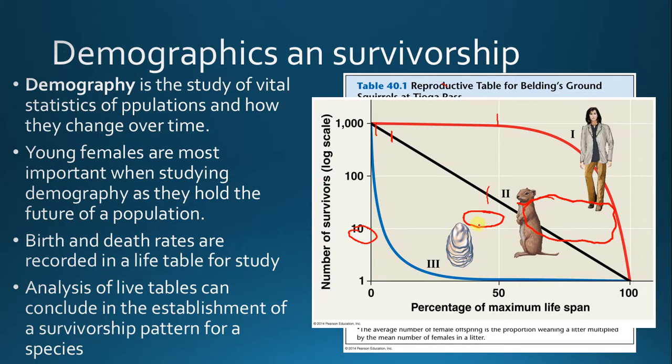And then other organisms, like type 3 curves, like mussels, have a high percent mortality rate right away, but the longer they live, the more likely it is that they'll live even longer. So they have a high probability of getting very, very old. And there are different strategies that go into why the organisms fit these patterns, and we'll talk about that here on the next page.